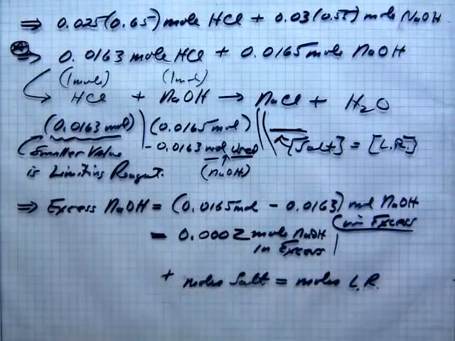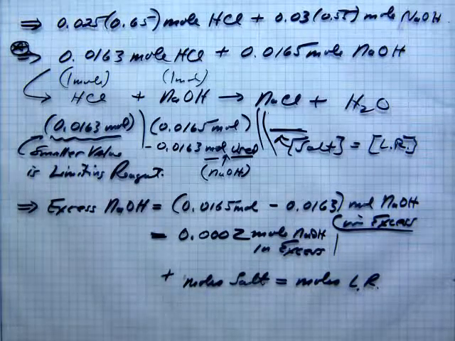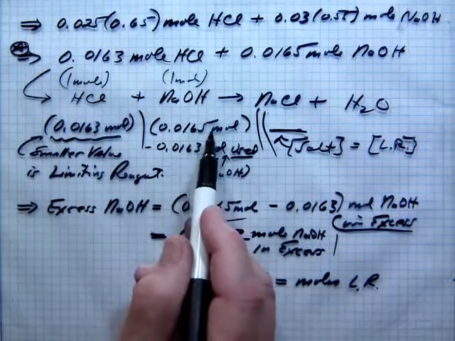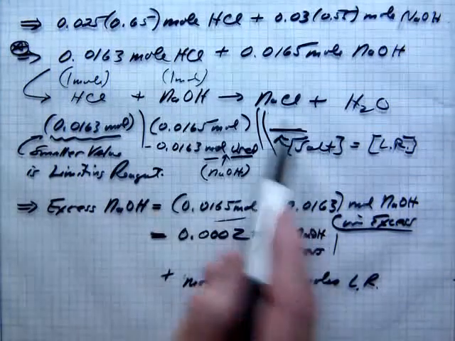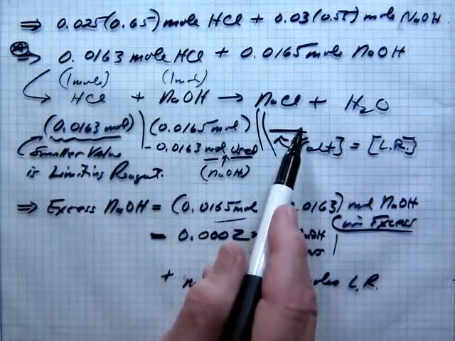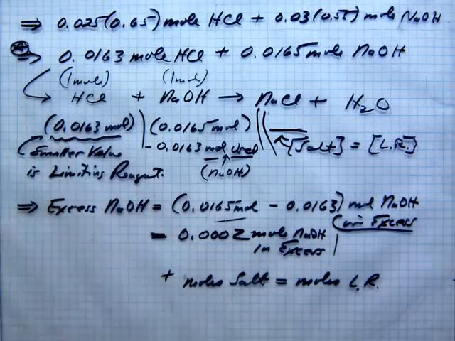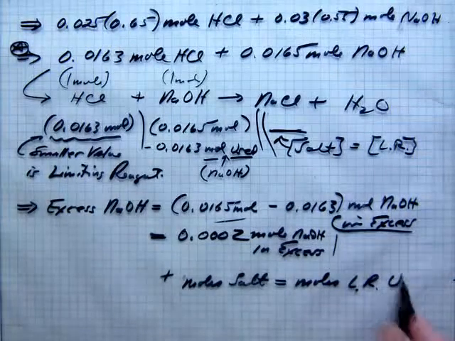It could be either one of it. You'll still get the same issue, the same concentration of salt. If we turn this around and made this a limiting reagent, if the NaOH turned out to be the limiting reagent, it still produced the same number over here, but you'd have excess HCl. So the moles of salt equals the moles of the limiting reagent used.